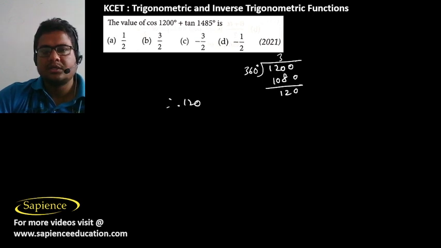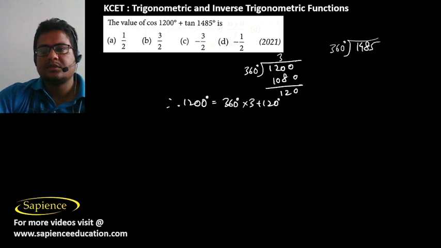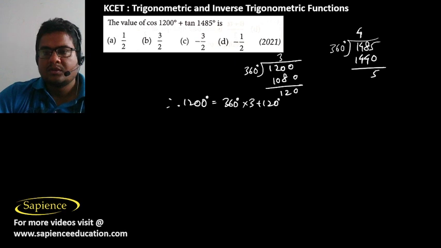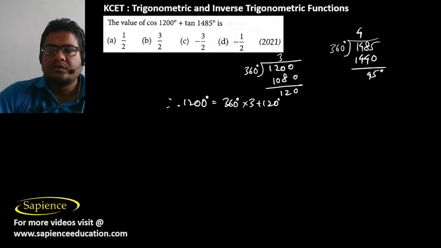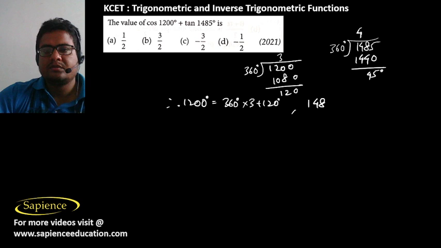Therefore 1200 degree can be written as 360 degree into 3 plus 120, and 1485 degree can be written as 360 into 4, 4 sixes are 24, 144, plus 45 degrees.